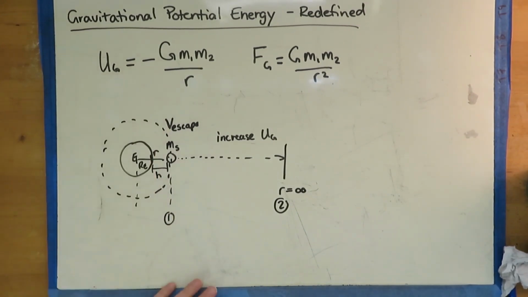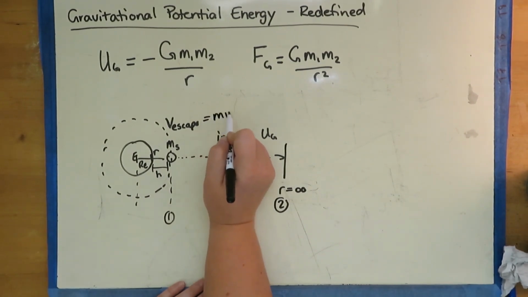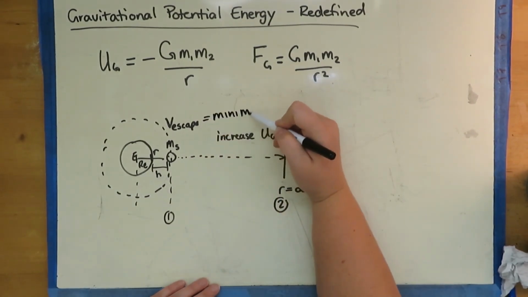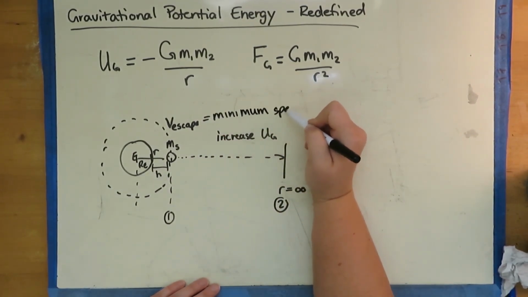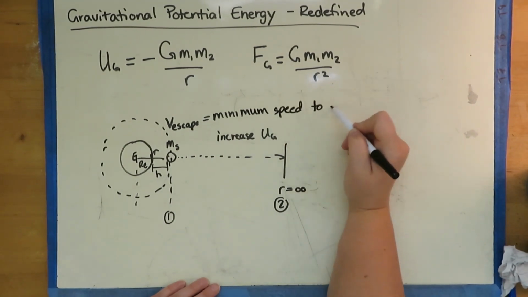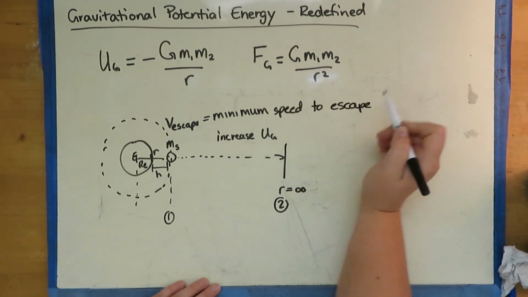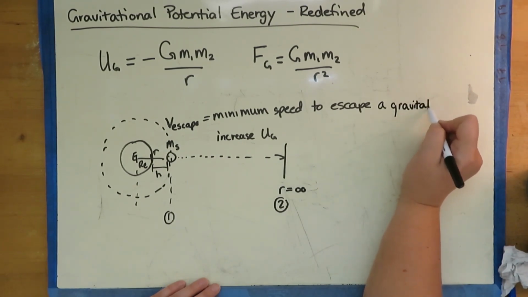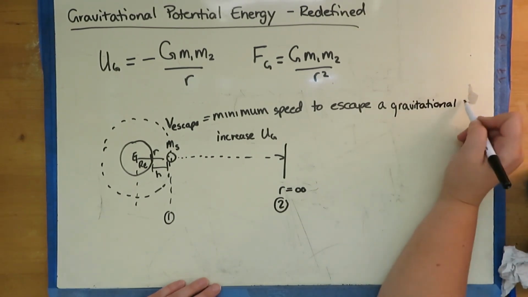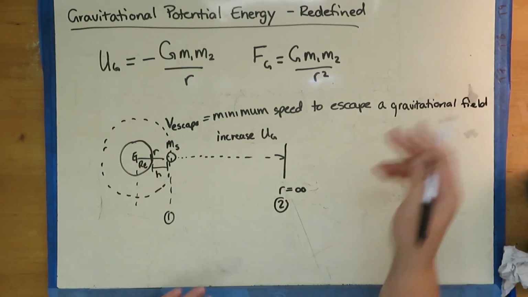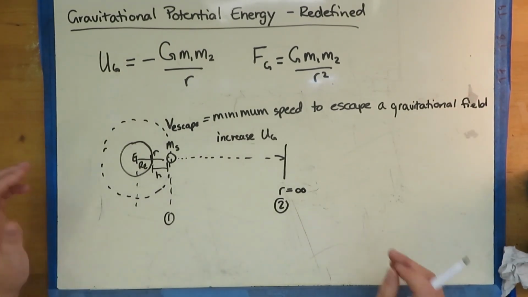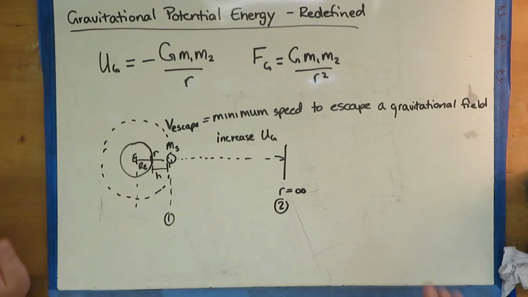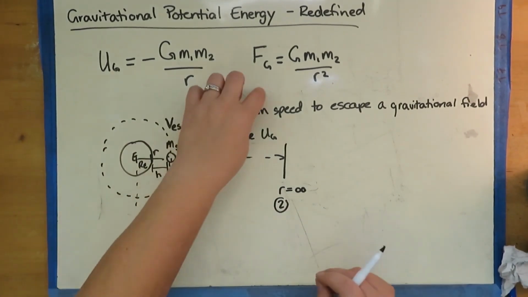But this escape speed is going to be the minimum speed to escape a gravitational field. So I can always launch an object with an even higher speed. Okay, I can always do that. But this is the minimum speed to escape.